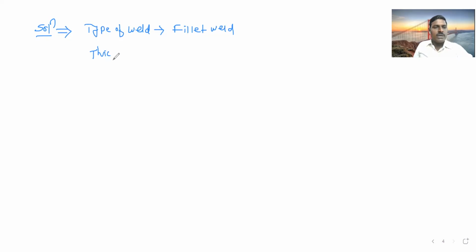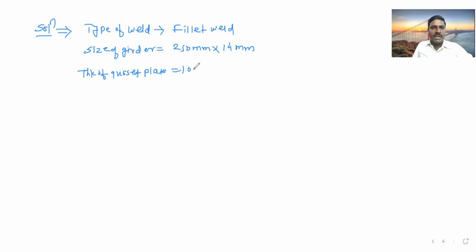Thickness of girder is given. So that we will write first. Size of girder is 250 mm by 14 mm. Then thickness of gusset plate they have given, that is 10 mm.